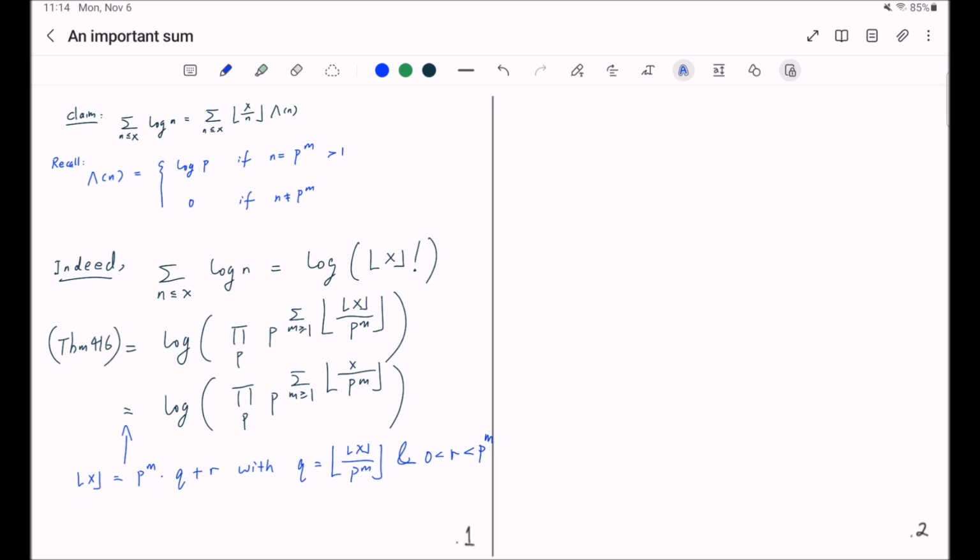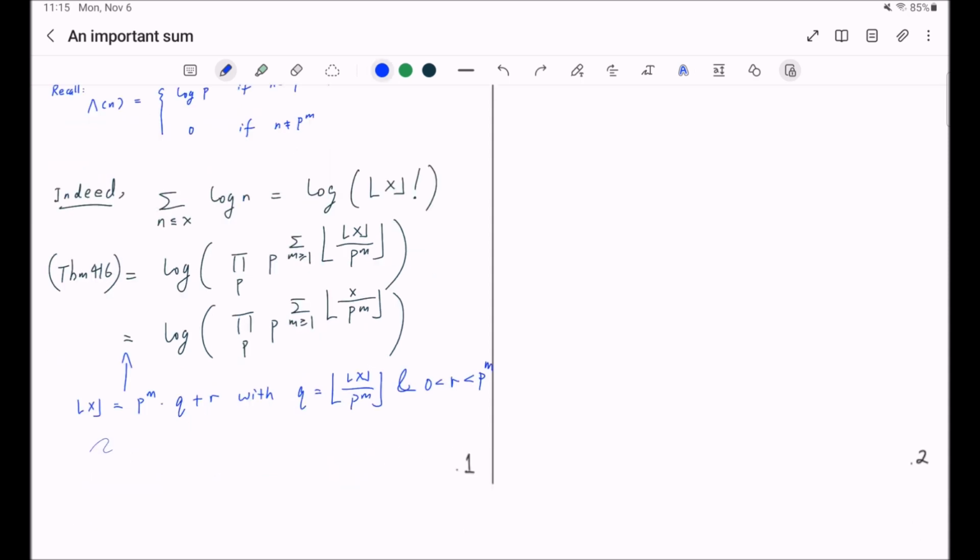Now we're going to add x minus floor of x to both sides. What do we get? We'll get x equal to p to the m times q, now the remainder becomes r plus x minus floor of x.